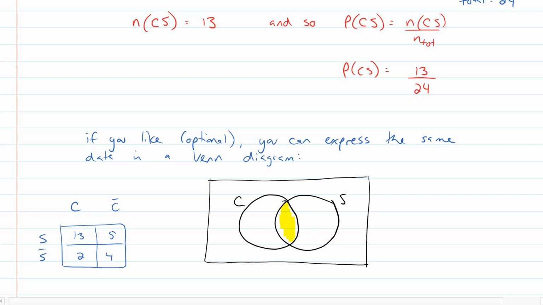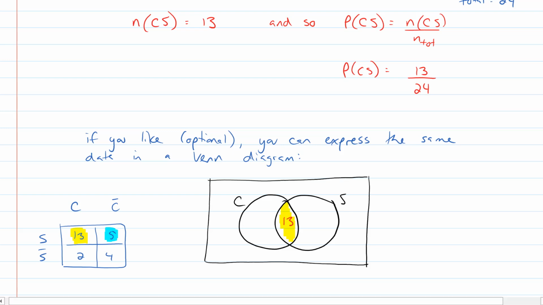All right, why is my tablet not wanting to write here? There's 13. In other words, this table entry is the one in the middle. This table entry over here is the people who like spicy food but not coffee.